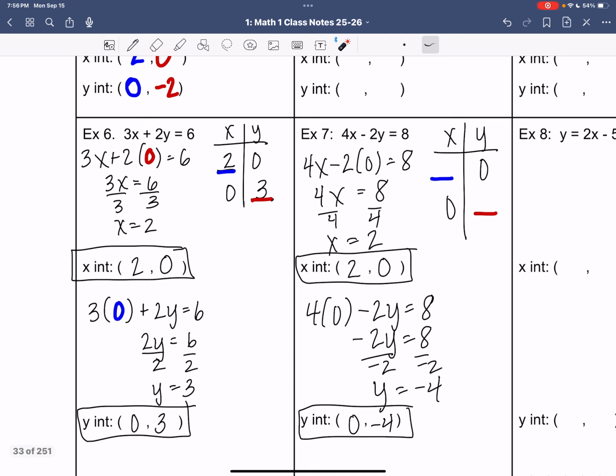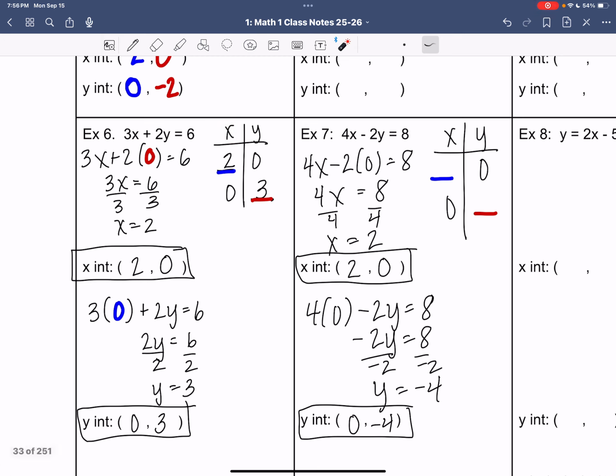All right, so if we were to look at our equation and we wanted to find the x and y intercepts without a graph, you're just subbing in 0 for one of the variables, and then you can find the other one. So again, I like to make my table just to help keep me organized.